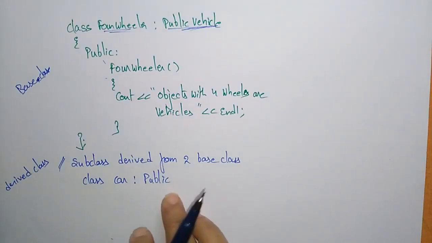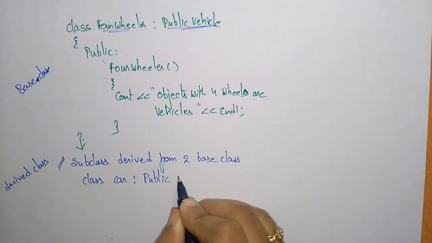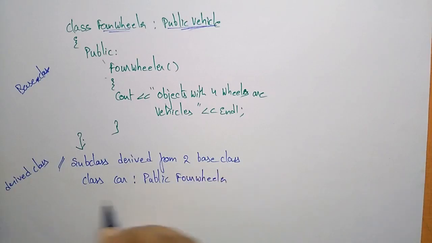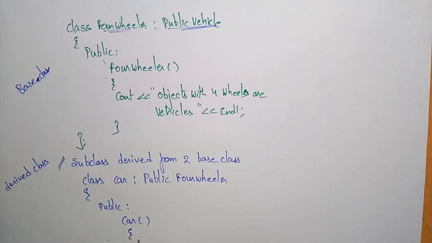So for class car, just write public four-wheeler here. And I am writing the function for this car, printing the message with cout: car has four wheels. Now close this class.